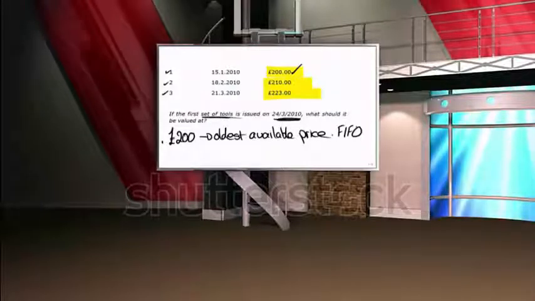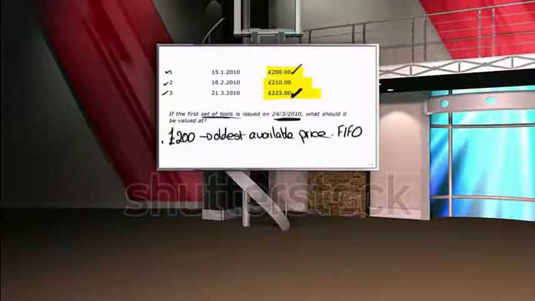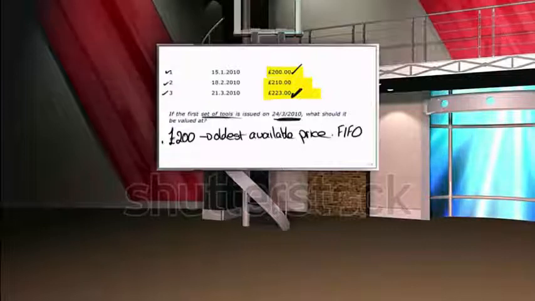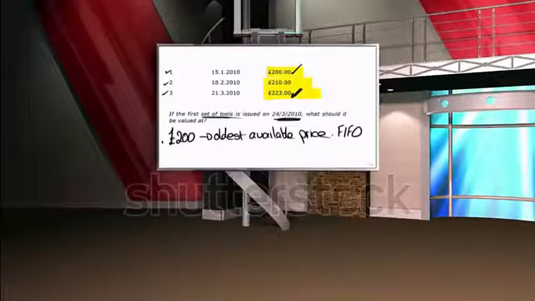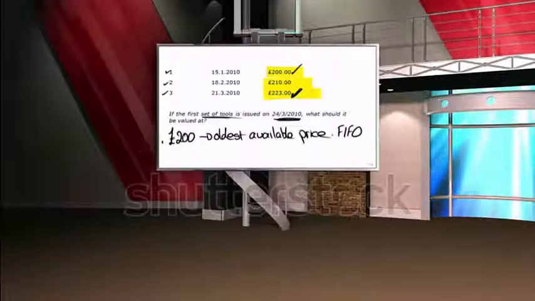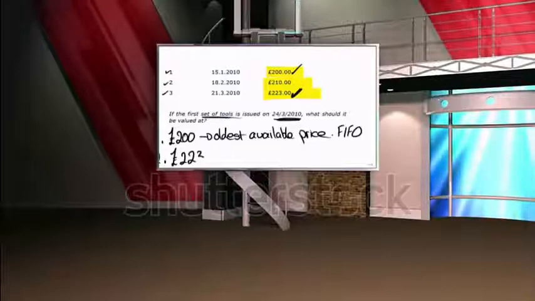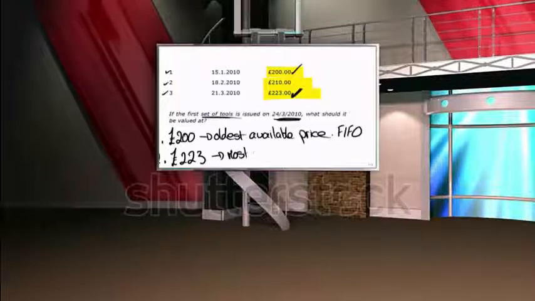Or we might say, well, the most recent price was £223. This is the true current value of the tools, if you like. So that's how much we're going to charge our production department. So option 2 then is to value the issue at £223, which is the most recent price.